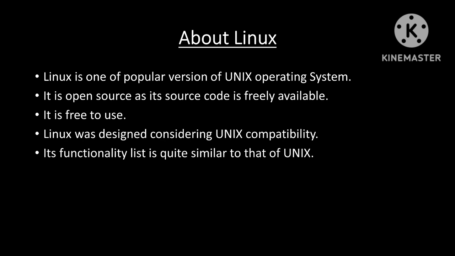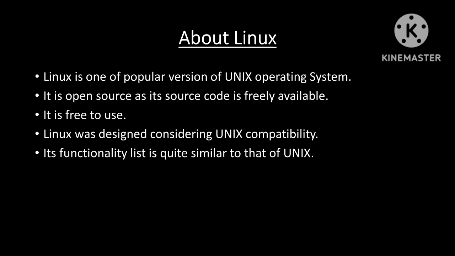Linux is very popular for this feature only, that it is an open source operating system. Open source means its source code is freely available, which is not the case with our Windows operating system. And most of the Linux operating systems are free to download, so you can use it for free.